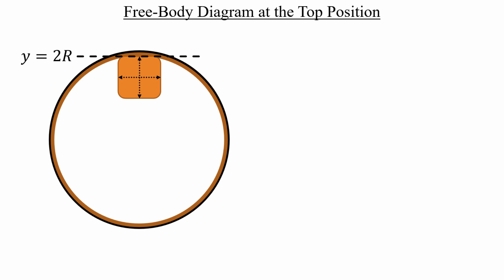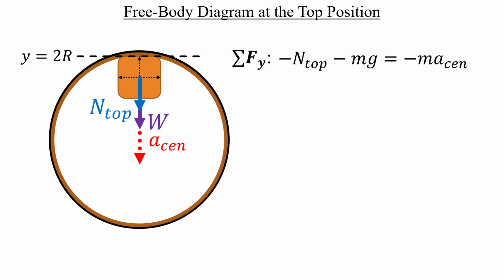In terms of forces, the weight will still point downwards, but now so too does the normal force from the track, as well as the centripetal acceleration vector. If we do the sum of forces in the y direction, it will contain all negative terms, but we're not interested in the direction of the normal force at the top, only the magnitude.